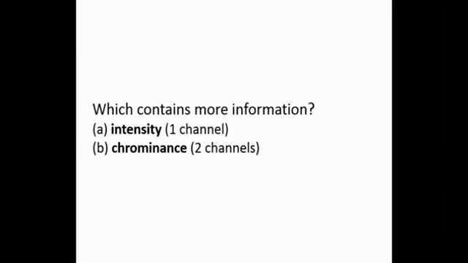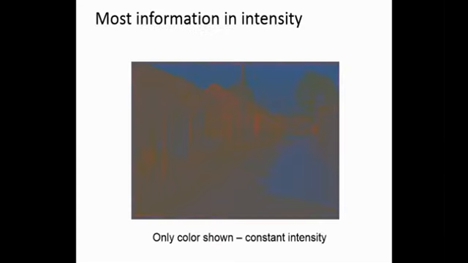One good way to see it, and it's correct, is that most of the information is in intensity. If I only look at the color, making intensity constant and showing all the color, it's pretty hard to interpret. There's not a lot of local variation, so it's hard to get much shape from it, and it's more compressible because the values are in a tighter range.